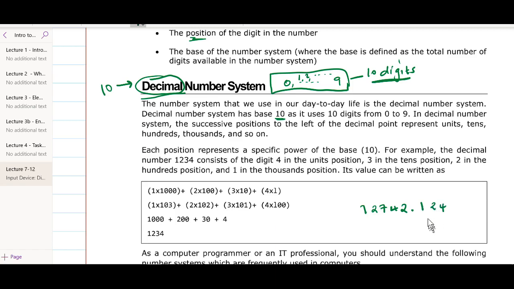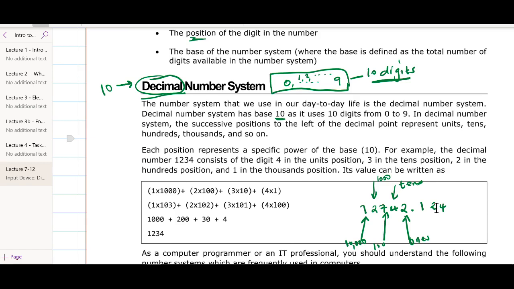Then we used to say that this first digit represents ones, the second digit represents tens, the third one represents hundreds, the next one represents thousands, and the last one represents 10,000s. Of course, when you go to the right, we talk about the tenths, the hundredths, and the thousandths.